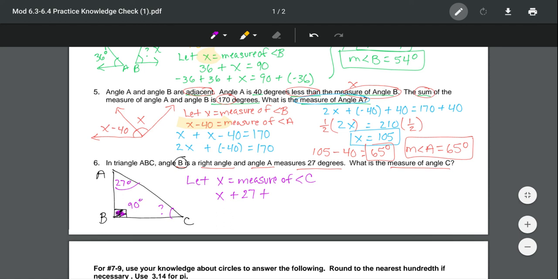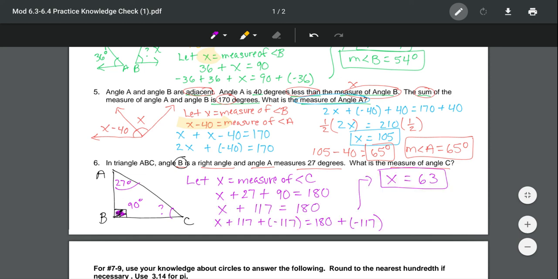So that box indicates that angle B is 90 degrees. That's going to equal 180. So go ahead and solve for x and then check your answers. 63 degrees. So that means if x is 63 degrees and we defined that as the measure of angle C, that means the measure of angle C is 63 degrees.